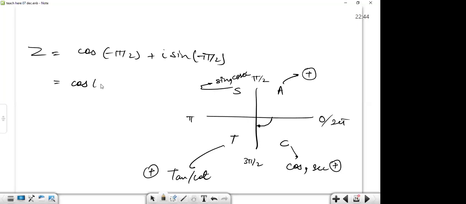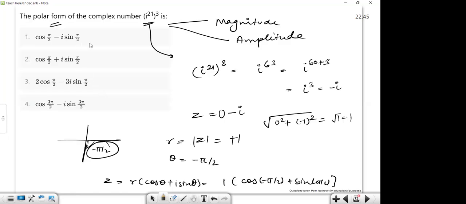This will be written as cos pi by 2. Simple. Iota into sine of minus pi by 2. Now here all the trigonometric functions other than cos and sec will be negative. So there will be a negative sign, and this should be the answer. Cos pi by 2 minus iota sine pi by 2, which is the first option.